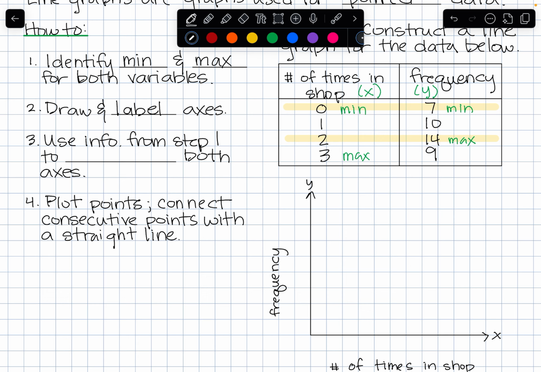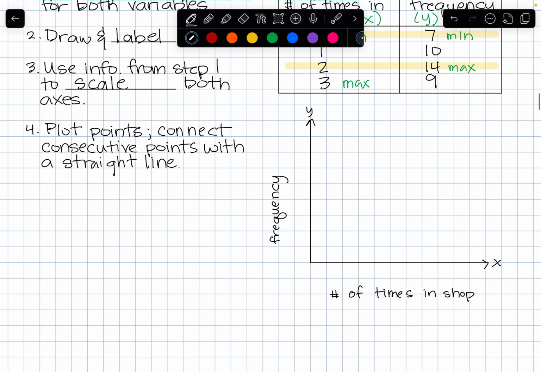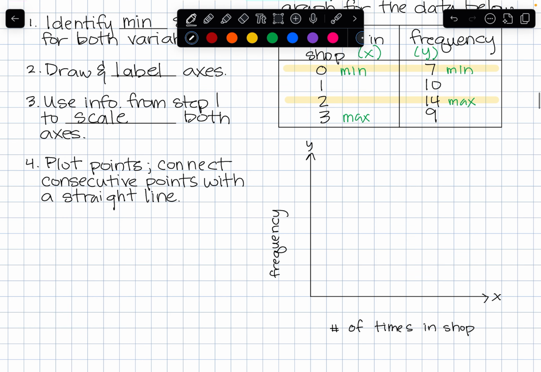Once we've done that, we're going to use the information from step 1, our min and max, to scale both axes. When we scale or assign numbers to our axes, it's important that the gaps between our hash marks are equal, they're all evenly spaced, and that all of our data will fit somewhere on the graph.